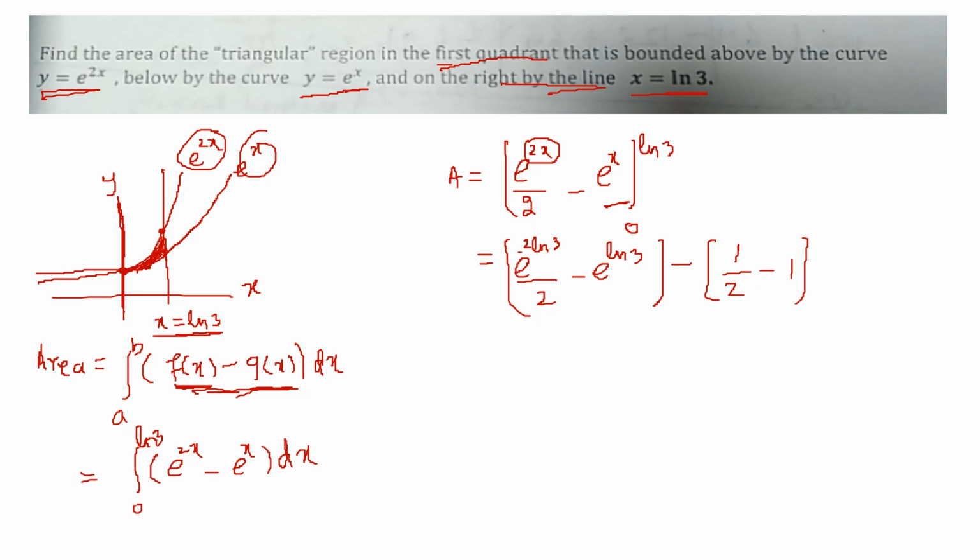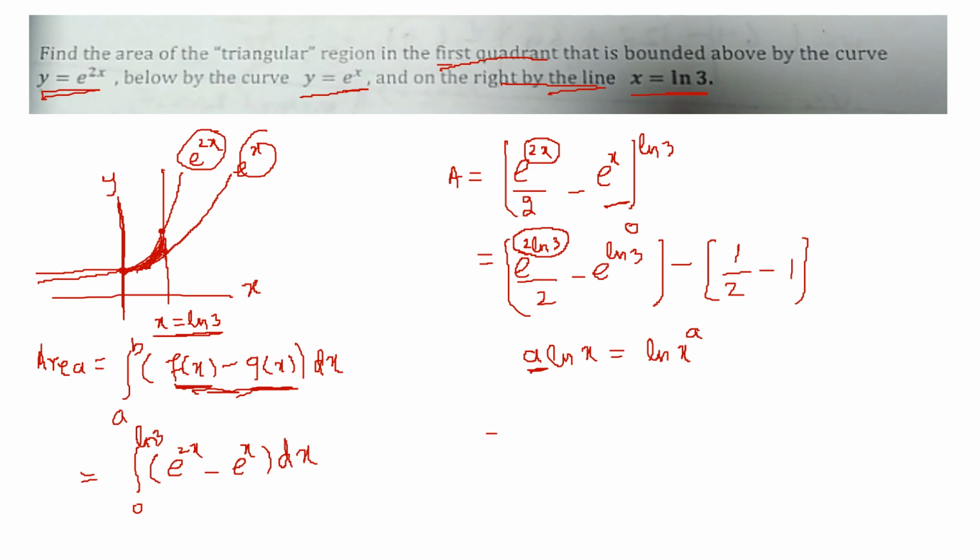If you see in this term, the argument of the exponential function is 2 times ln of 3, and by the property of the natural log, if we have a term like this, we can write it as ln of x raised to the power of the multiple of the natural log, and in this case we have a.